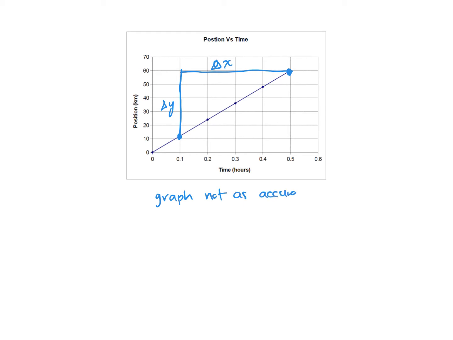I can see that delta x is between 0.1 and 0.5, so that's pretty easy to calculate. Or I can count squares. When I go to look at delta y, I'm not quite sure that this first point is exactly on 10. It might be a little bit higher. So my delta y might be more of an estimate with a graph. So it's much more accurate if you have exact points or if you have an equation.